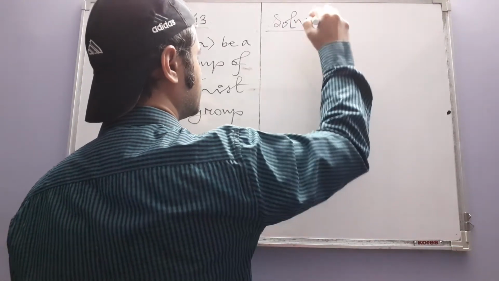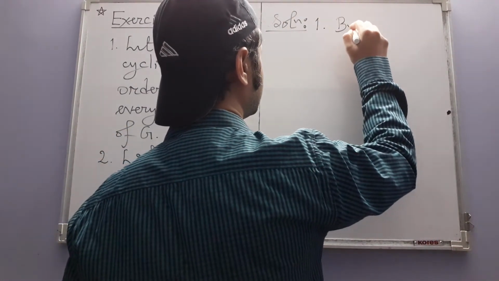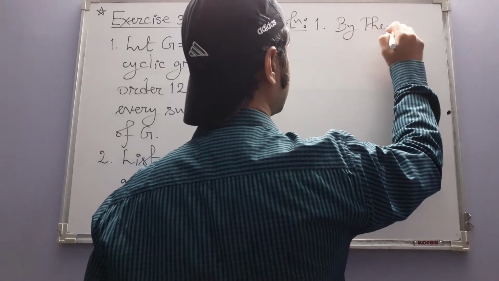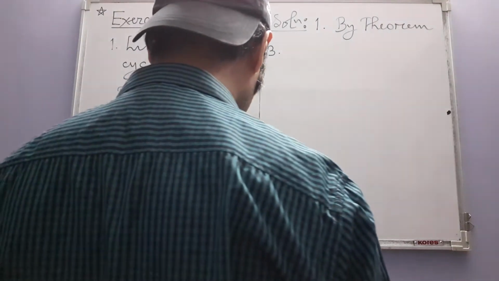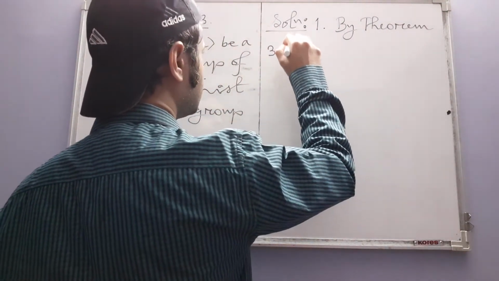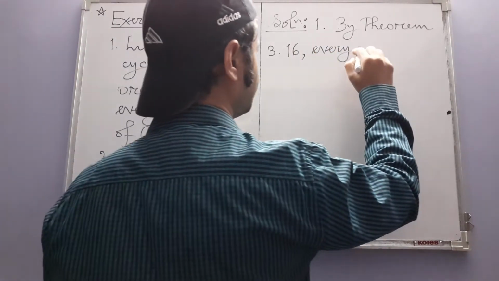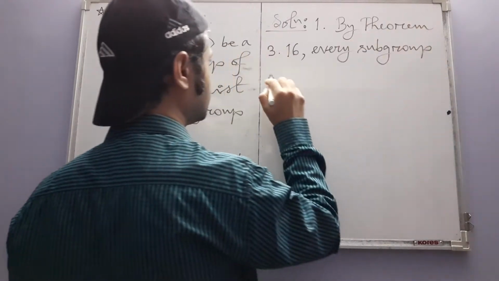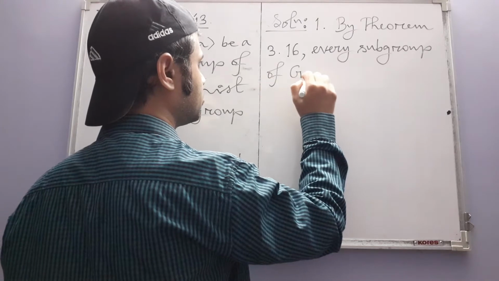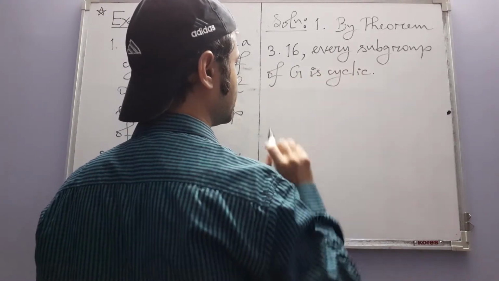So we write the solution like this, and we refer to that theorem also, Theorem 3.16: every subgroup of G is cyclic.